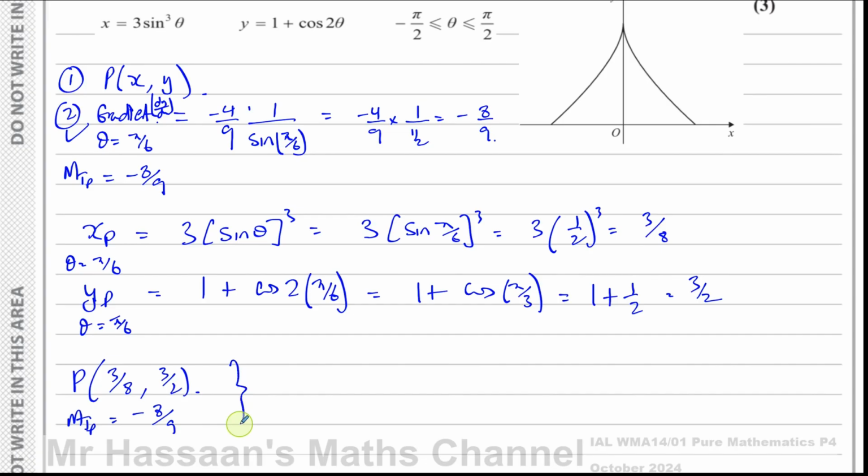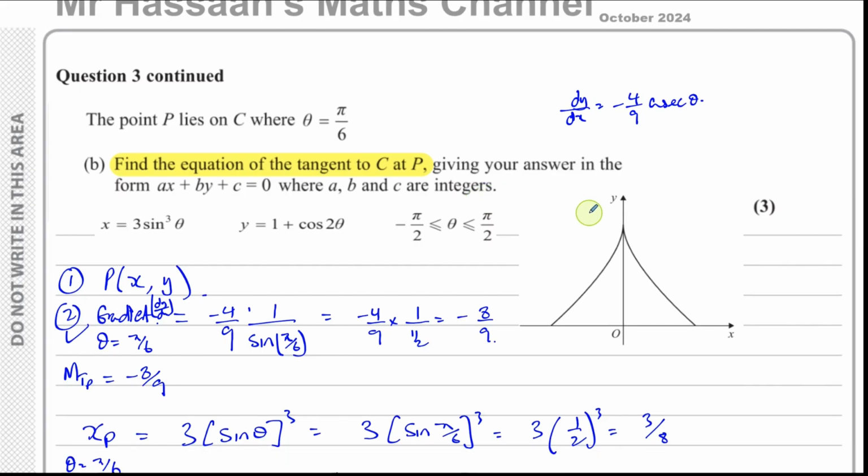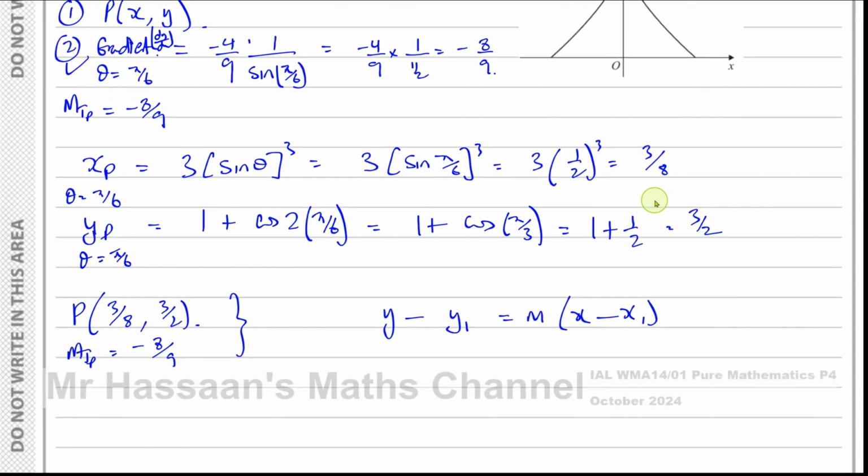So putting this together, we can find the equation by y minus y1 equals m times x minus x1. And as they told us, we're going to find it in the form ax plus by plus c equals 0. A, b and c must be integers.